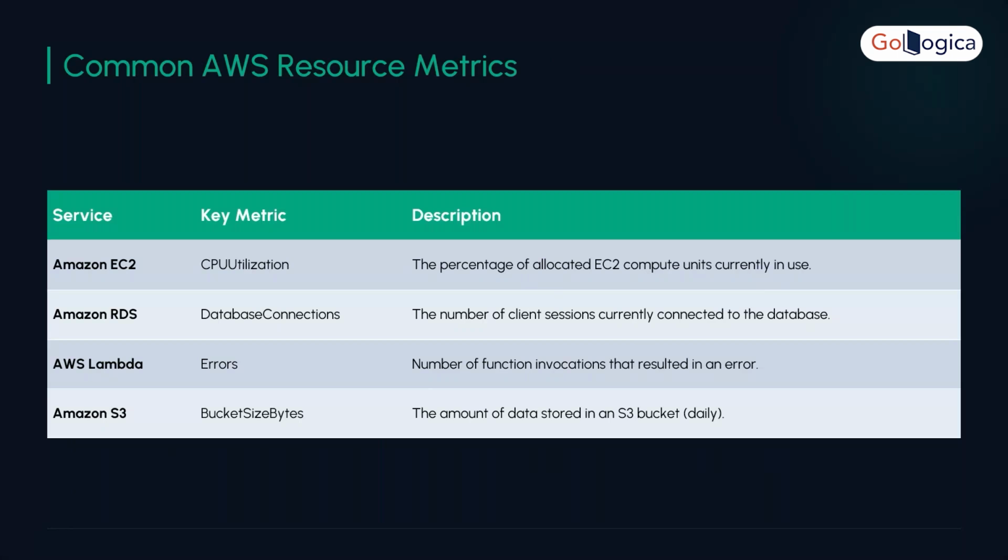Then for Amazon S3, a key metric is bucket size bytes. It tracks the amount of data stored in an S3 bucket daily, so based on that we see our current usage. The usage goes up, and when you remove data, it goes down.